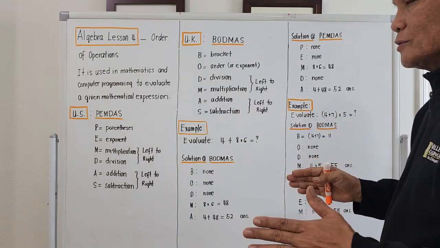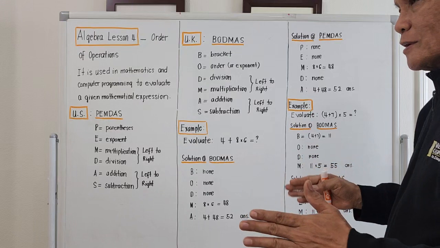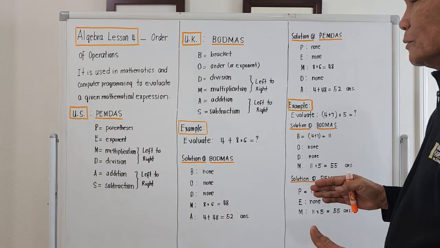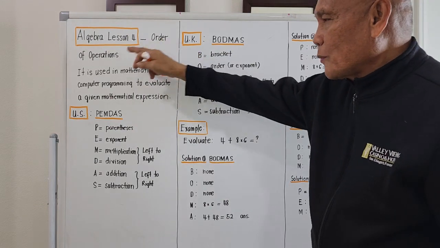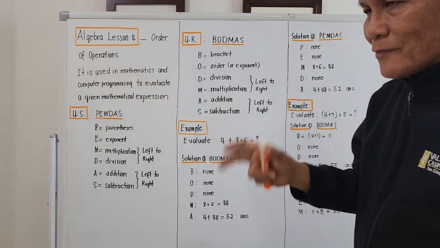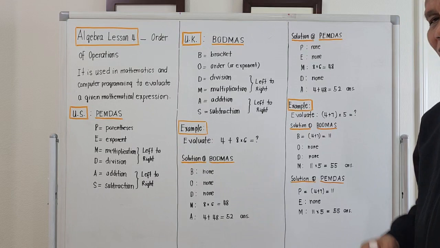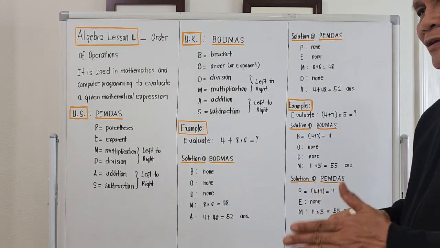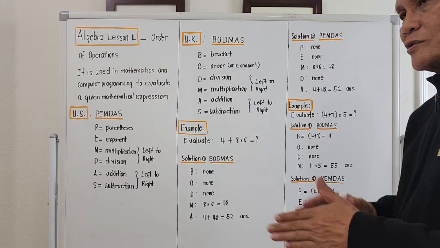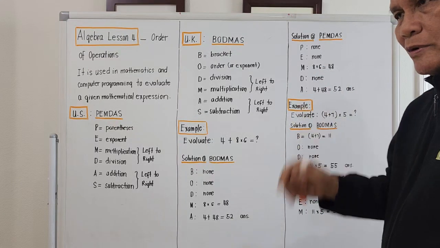So the rule on how to evaluate a certain mathematical expression with the correct sequence, that's why the order should be correct. The order of operation should be correct for us to give us the correct answer. Because if you are taking your SAT exam and unluckily you use the wrong sequence of operation, of course your answer will be wrong.